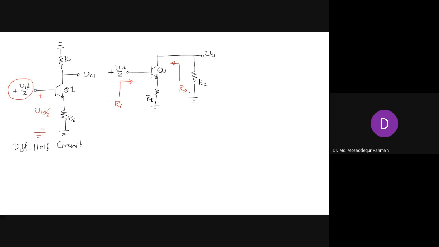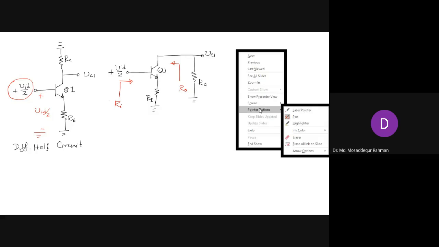We have already done the analysis of this circuit in our discussion on the single stage transistor amplifier, the common emitter amplifier with emitter resistance. So we just use those expressions that we have already learned. We don't need to go through the same steps again, as that is not very efficient.